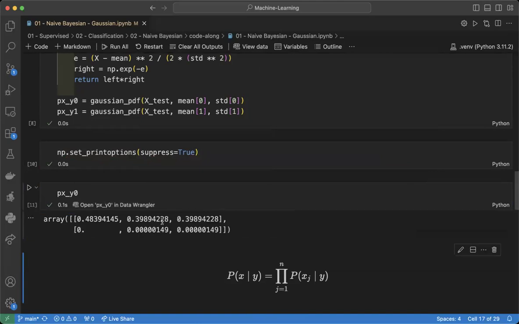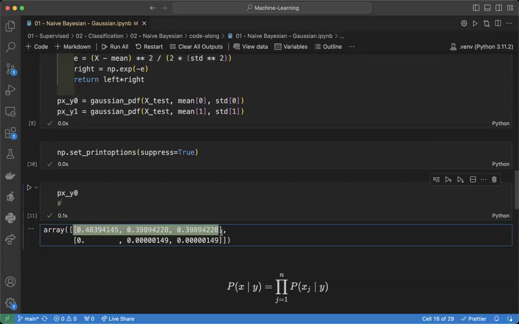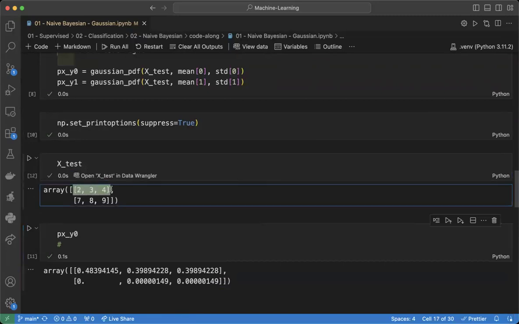So what does this mean? You have to understand the meaning of this. First of all, you have to take a look at our x test, which has the first sample and the second sample.